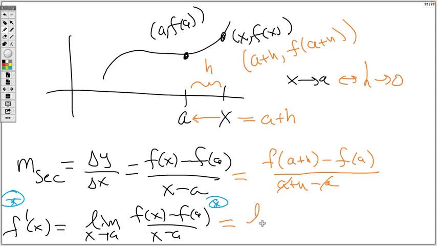So we could write this as the limit as h goes to 0 of f of a plus h minus f of a over h. It's an alternative means to get to the same end. You follow? Each formula has its advantages and disadvantages. You want to be good with both.